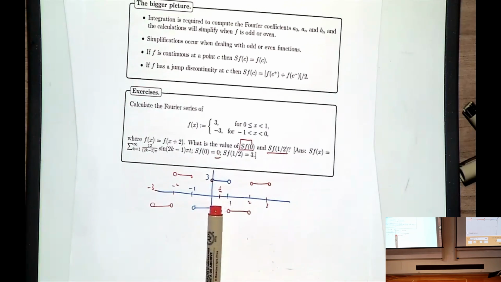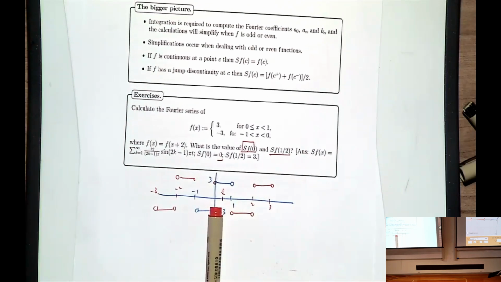What about at x equals 1/2? What should the value of the Fourier series be at 1/2 and why? I've got it at +3. Why is it +3? I'm not sure if it's a trick question, in the sense that it's like between 0 and 1, so it's just 3.